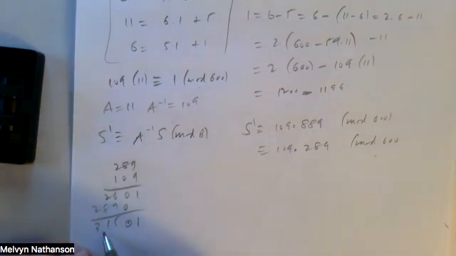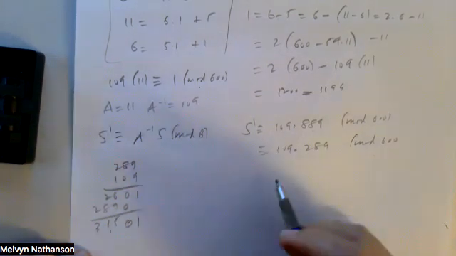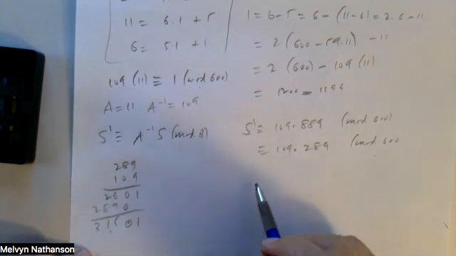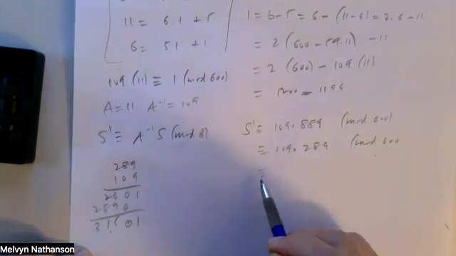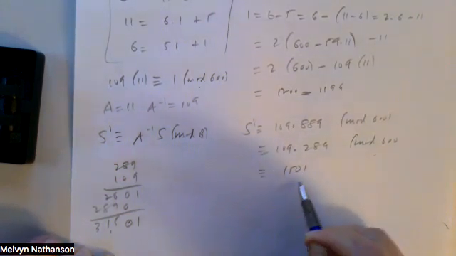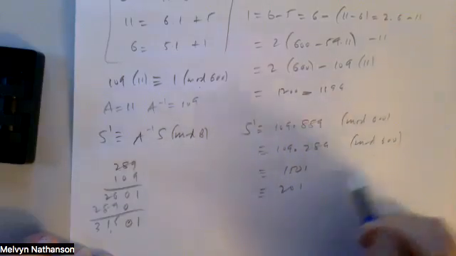So 31,501. If I divide that by 600, this is coming up to a knockoff to 30,000. 1501, knock off 1200, congruent to 201.